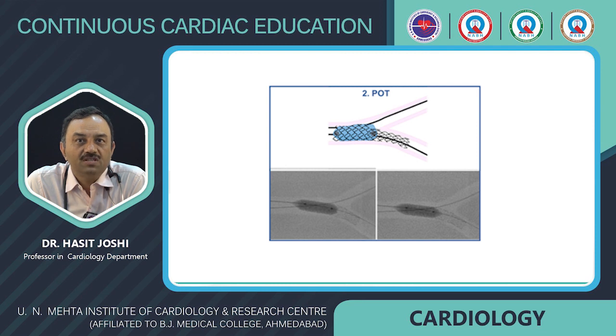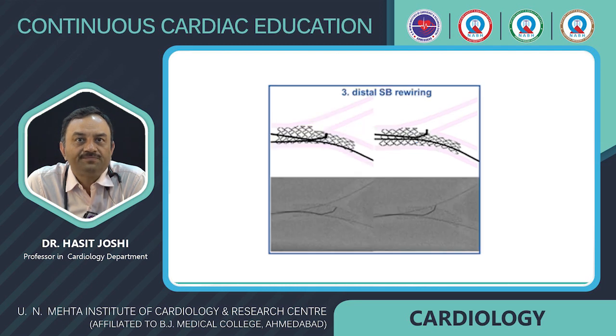Then a proximal optimization balloon should be done with an NC balloon, sized 1:1 with the main vessel, and care should be taken that it does not cross the carina. Then distal side branch rewiring should be done.